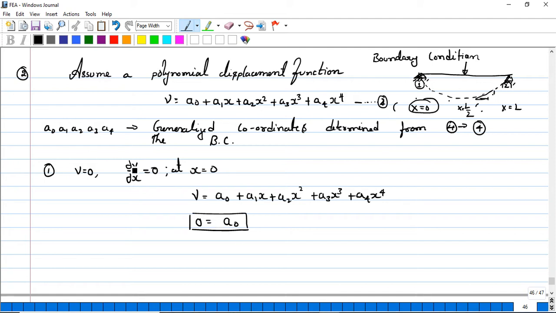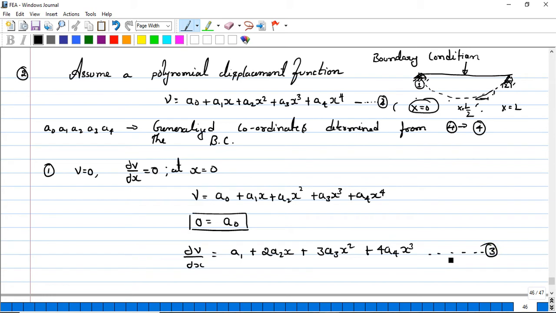Now I need to check the differentiation. The partial derivative of v with respect to x, I can directly substitute as 0. So that is a1 plus 2a2x plus 3a3x square plus 4a4 x cube. Let me consider this as the third equation.